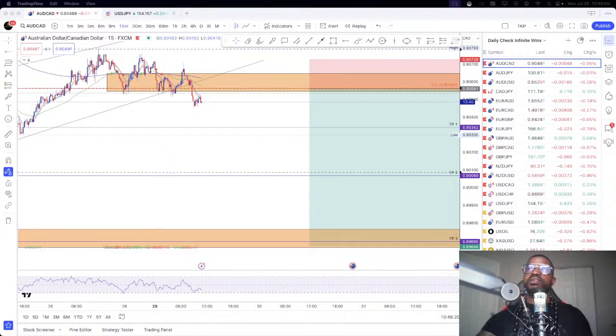All right, we got that set up in. So now we'll just set an alert to let us know when this trade is activated, and from there we can just monitor it.